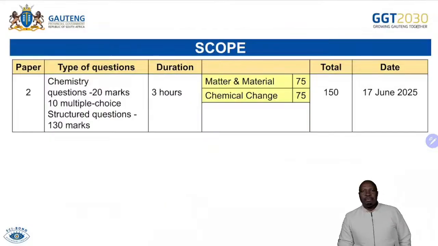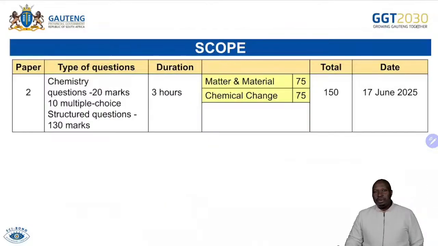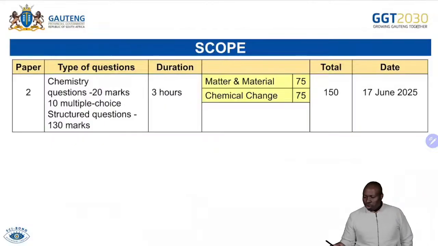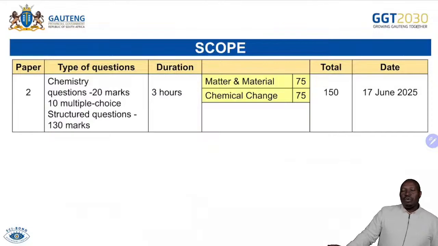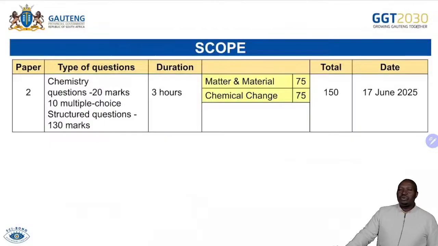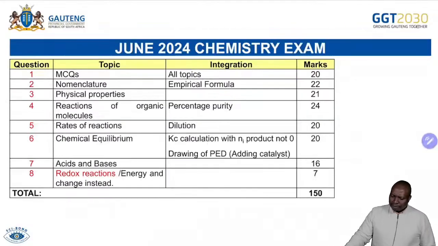You remember the potential energy diagrams and all that. So that will be part of this paper. And we are hoping that you will revise and make sure that you do well in paper 2. And this session will be discussing skills as to how to go about answering questions, hoping that you will use those skills as you prepare for your second paper.